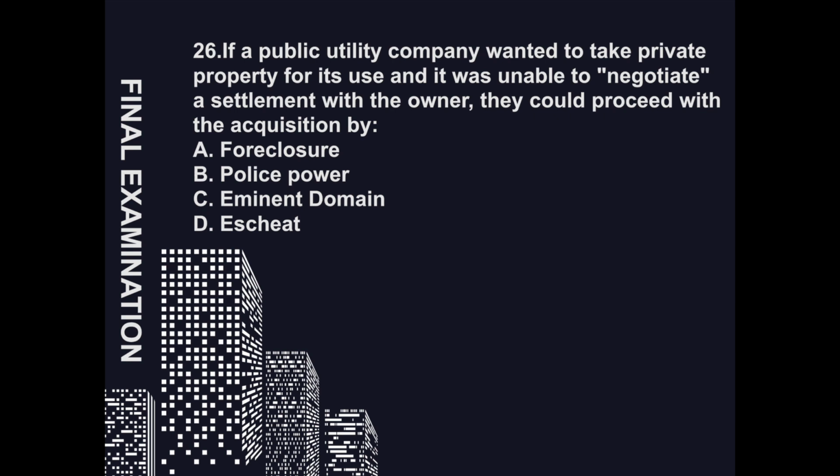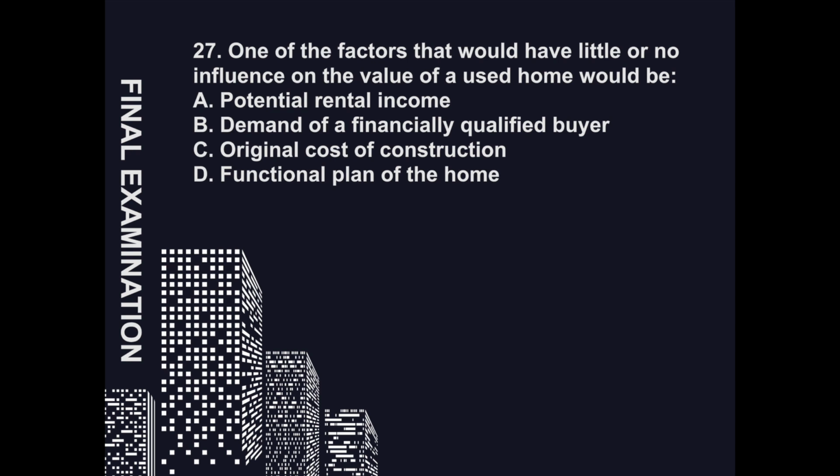If a public utility company wanted to take private property for its use and it was unable to negotiate a settlement with the owner, they could proceed with the acquisition by eminent domain. One of the factors that would have little or no influence on the value of a used home would be original cost of construction.